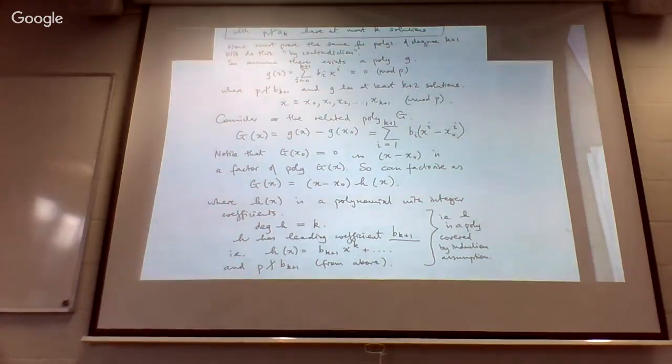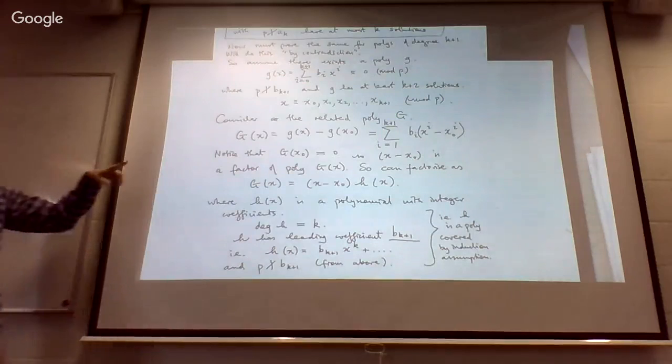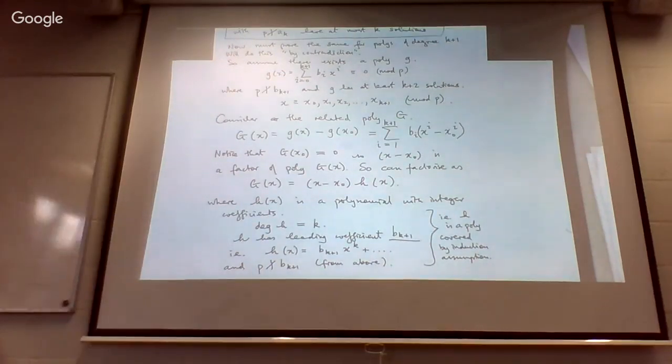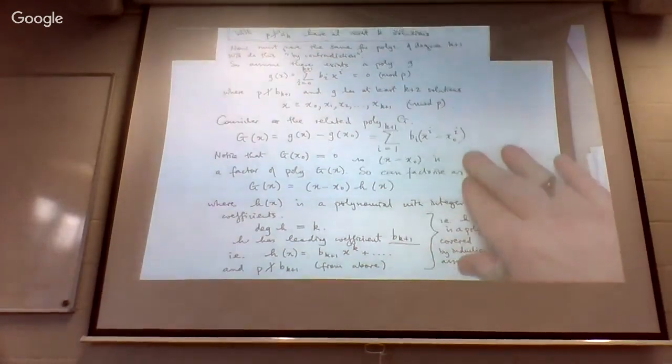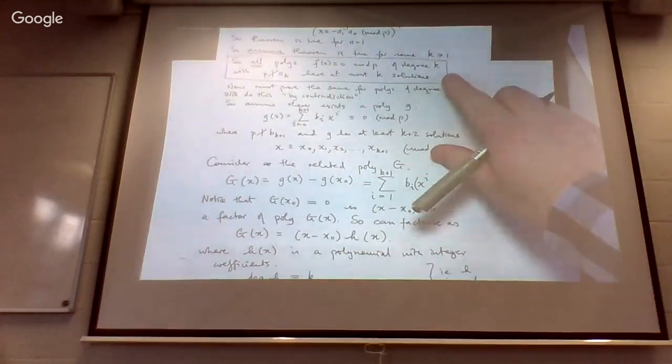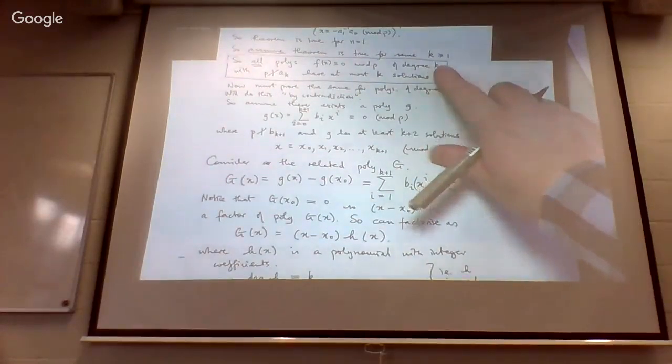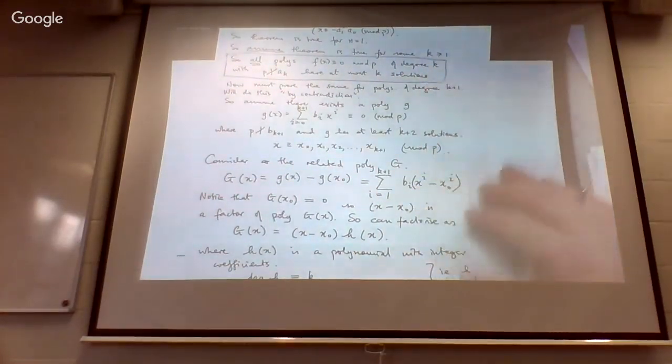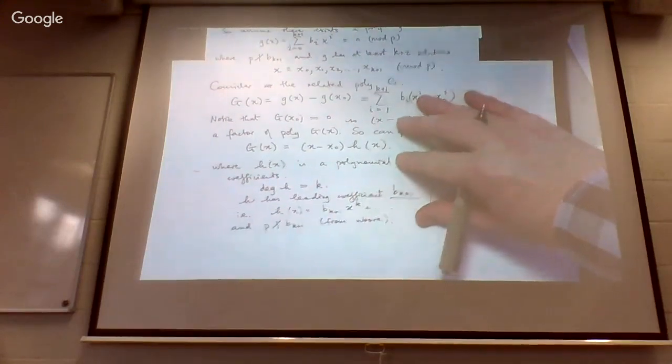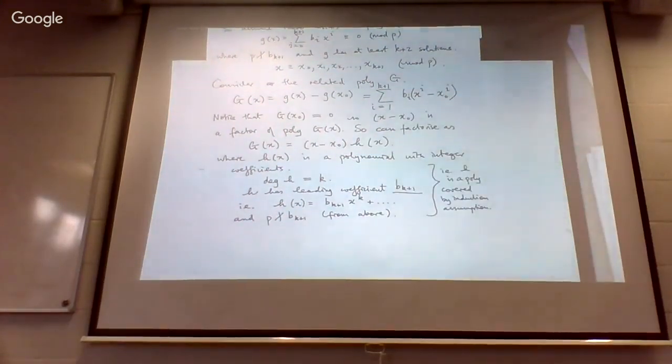But we're going to see shortly that h has, in fact, at least k plus 1 solutions. H has too many solutions. It can't have too many solutions because of the induction assumption: we assume that all polynomials of degree k obey the theorem. This polynomial h, we're going to see, does not obey the theorem.